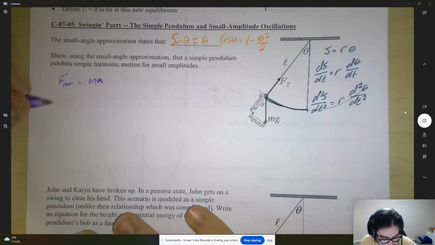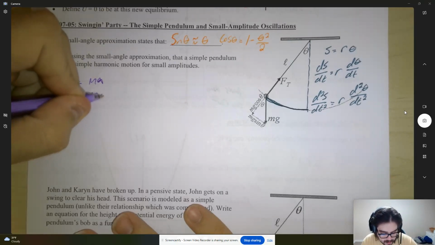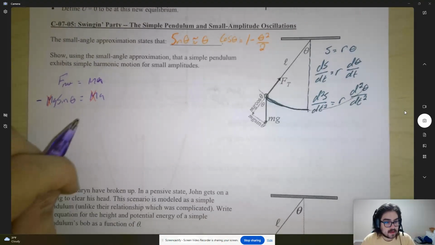So I can do mg sine theta. I'm going to make this negative because it's opposing my motion, equals ma. Now I recognize that my m's can cancel out, so I've got negative g sine theta equals a.